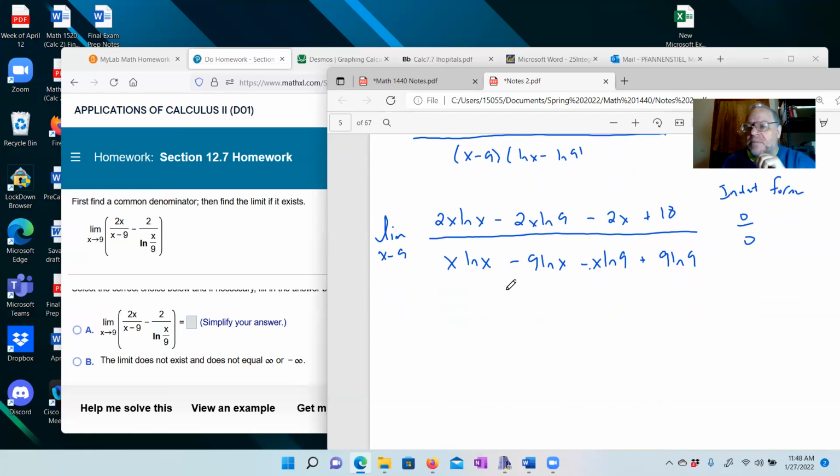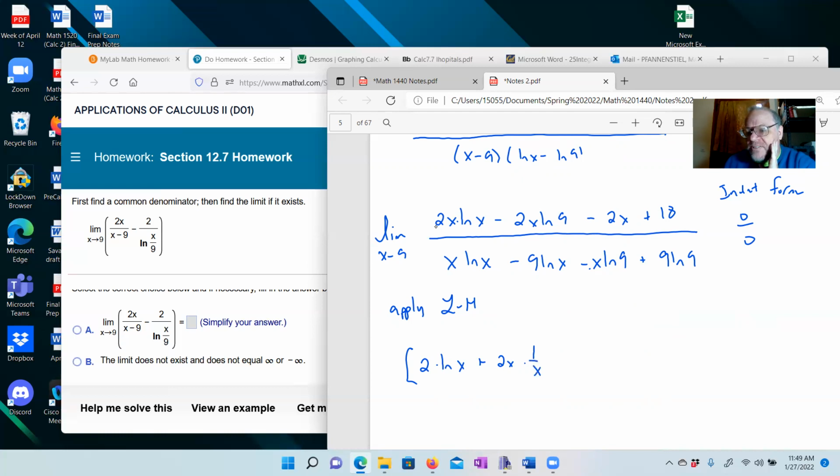So let's go ahead and apply L'Hopital's. We have 2x times natural log x. You know what that means? It means we get to do a product rule. So the derivative of 2x, the first, that's twice, times ln x, plus 2x, the first, times the derivative of the second. What's the derivative of natural log?